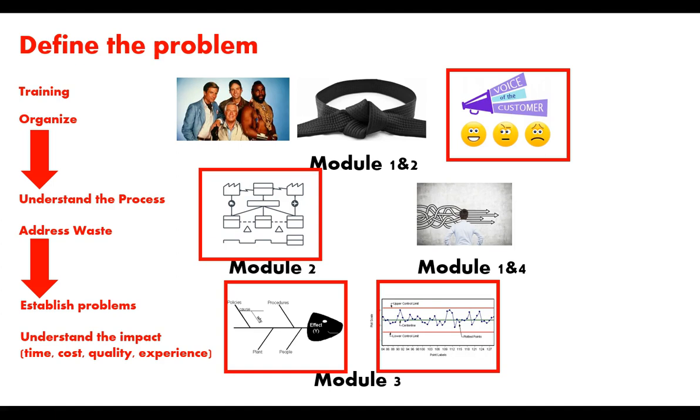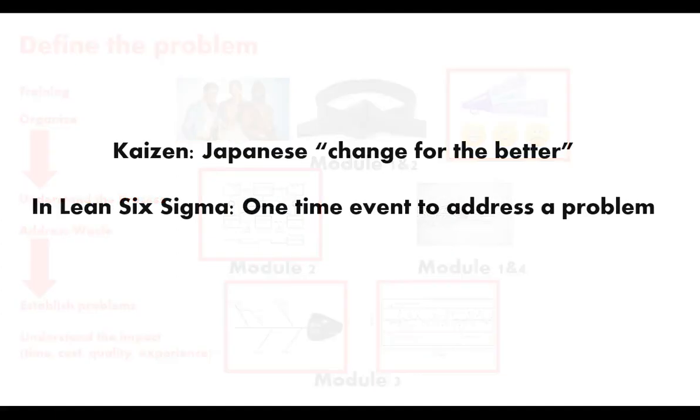Again, understanding the magnitude of the problem and the overall impact of the problem. So these are all things that go into the pre-definition of the problem. You can't define a problem properly unless you've established these stages within Lean Six Sigma.